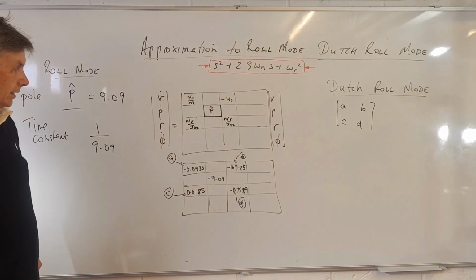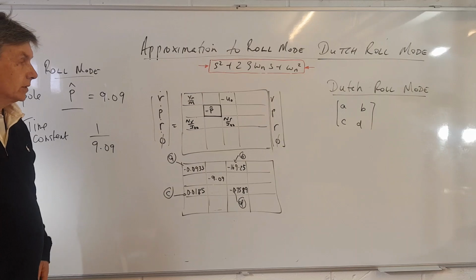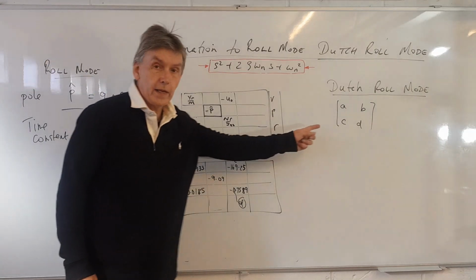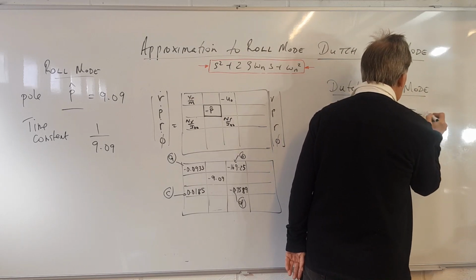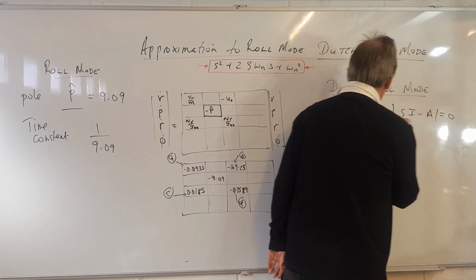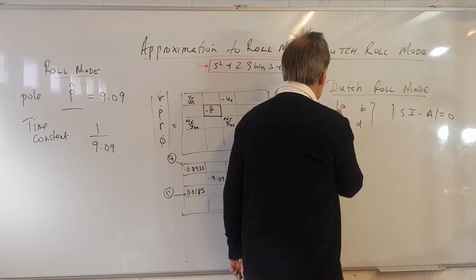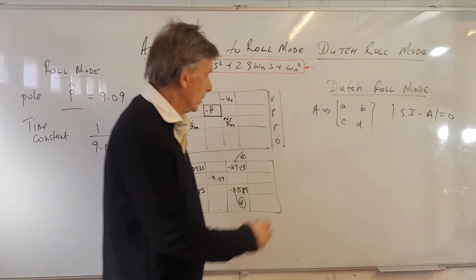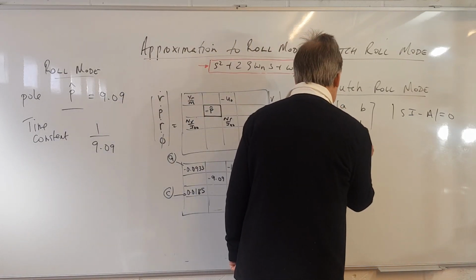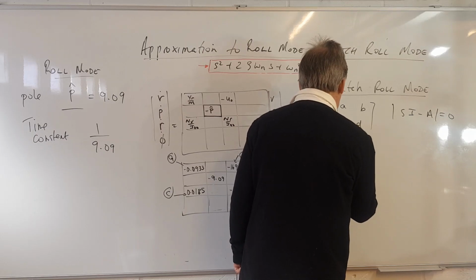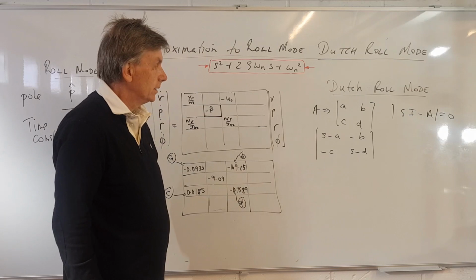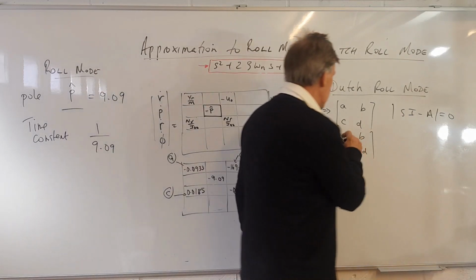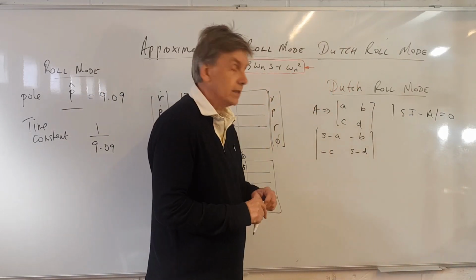Once you've extracted the 4x4 down to a 2x2, we can then work out the eigenvalues of this, which again is the same type of thing we did before. It's determinant of SI minus A equals 0. So we'll get S minus A, minus B, minus C, S minus D as our 2x2, and then we can work out the determinant to get the eigenvalue.